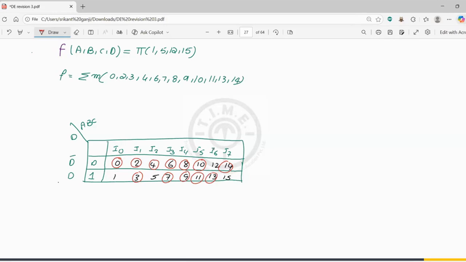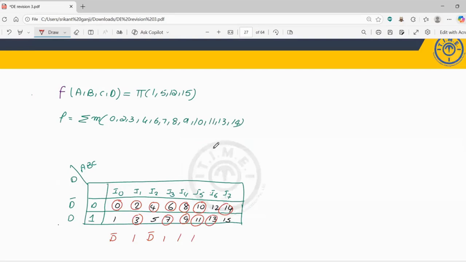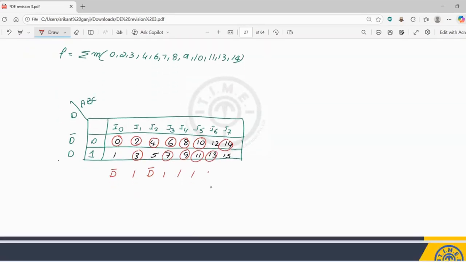So if one thing is marked, you can write it as D bar here, and if two are marked, 1. 1 is marked again, it is a D bar. 2 is marked, 1, 1, 1, and this one is going to be D here, D, and this is going to be D bar.